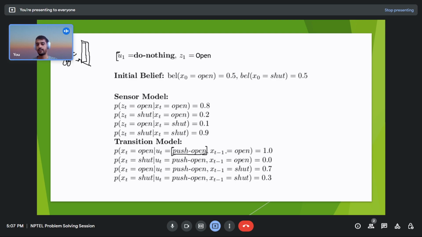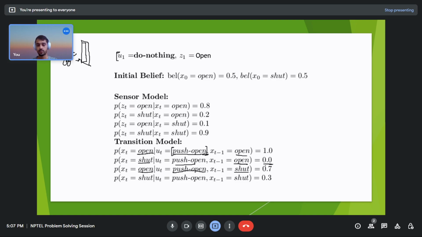When it pushes the door, if it is open already, then of course it will remain open. If the door is already open, of course it cannot get closed. That is why we have the probability 0 here. If the door is shut and it pushes the door, then the door might open or might not open, depending on how it pushes.